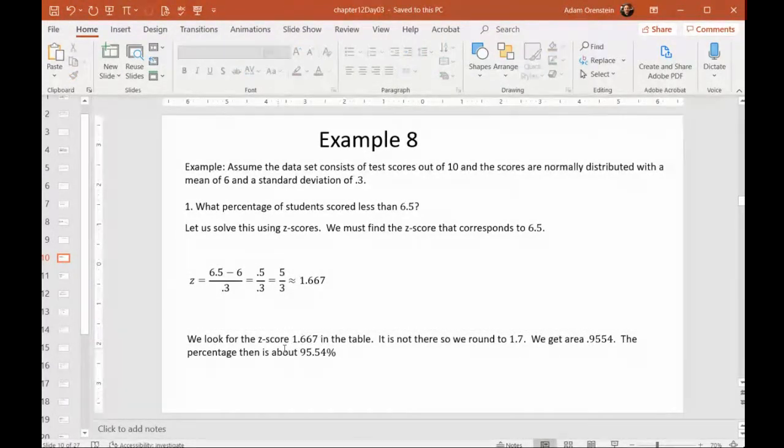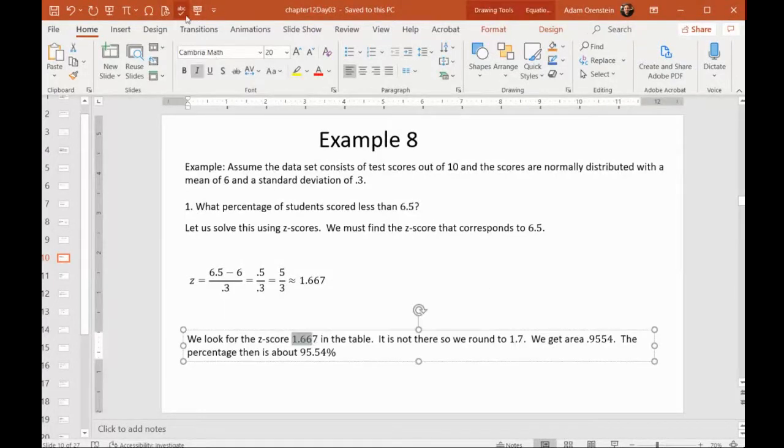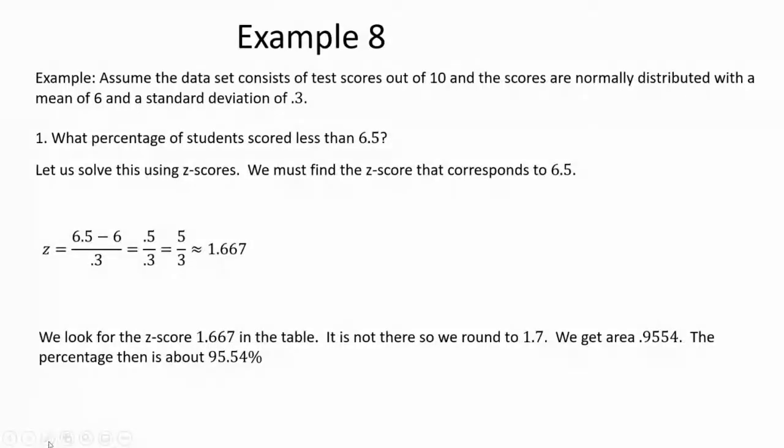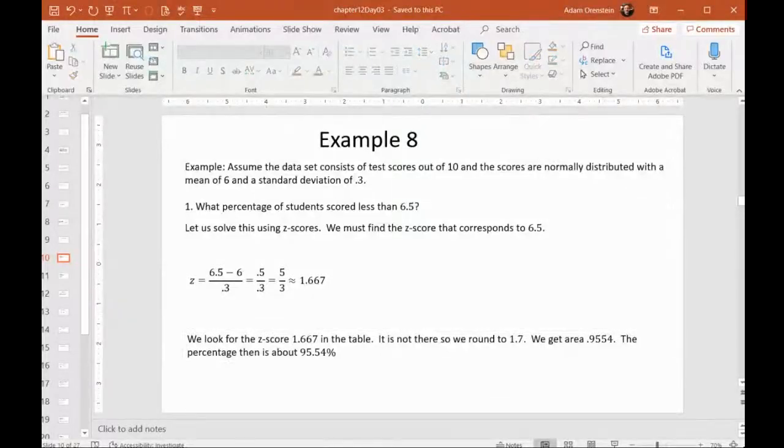we would look for the z-score here in the table. But now this would not be there. Remember, in the table it only has z-scores rounded to one decimal place.